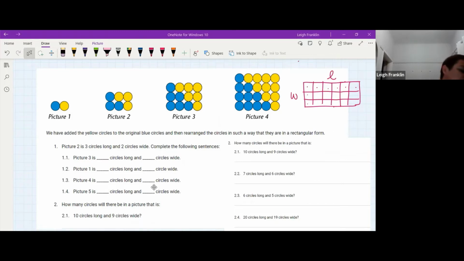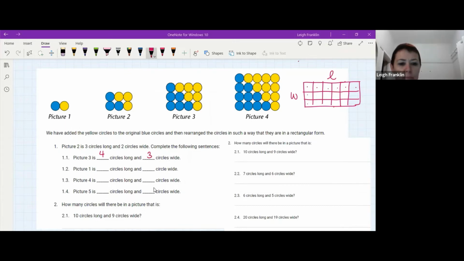Okay, Favor, do 1.1. Ma'am, picture 3 is 4 circles long and 3 circles wide. Lovely. Okay, that's very nice, Favor. Thank you so much. Good job. Okay, Anati, do you want to do 1.2?